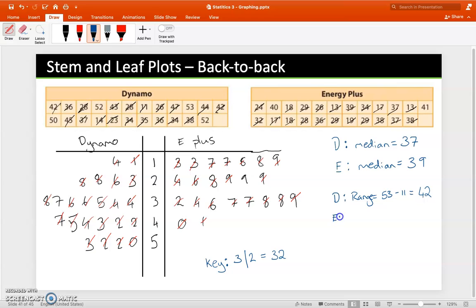Energy Plus then, so the range: the biggest number for Energy Plus is this one here, 41. We're going to take away the smallest number, which is 13. 41 take away 13 is going to give you, I just went blank, 28.